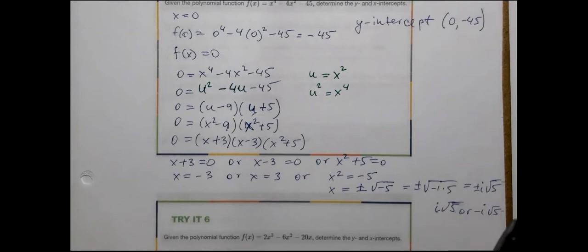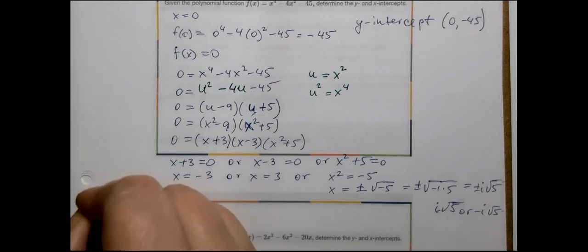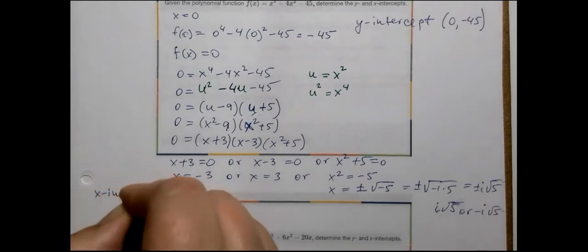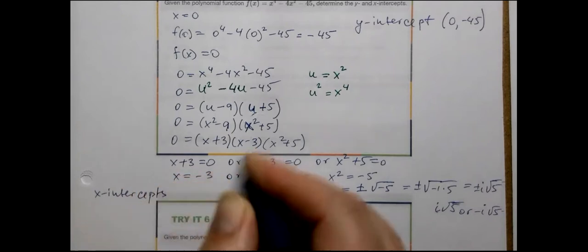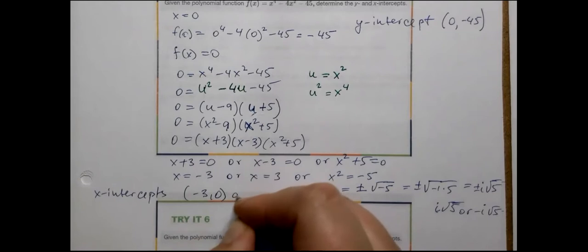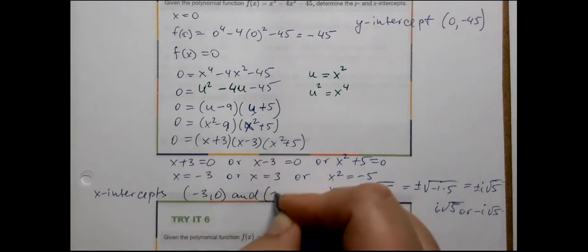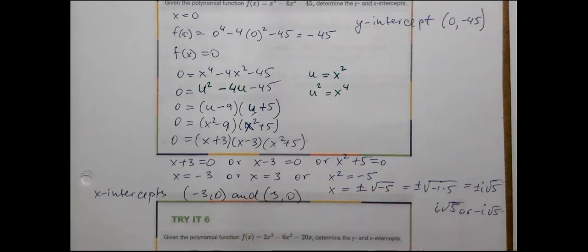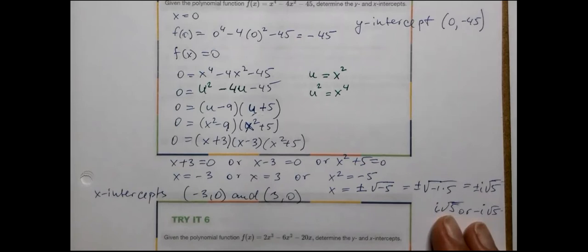That means that this graph will have only 2 x-intercepts. So x-intercepts are (-3, 0) and (+3, 0). These two x's are imaginary, so no intercepts there.